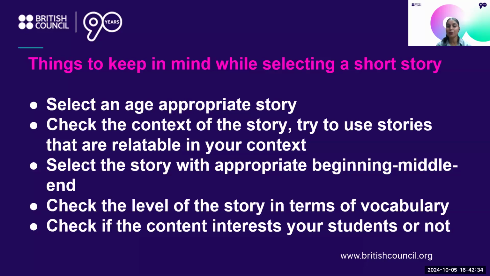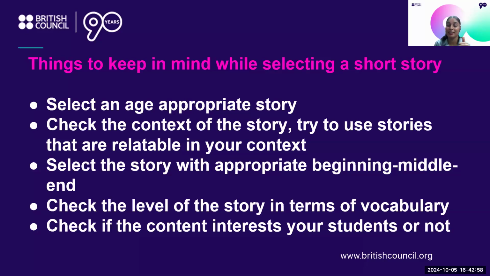Sometimes I plan a story which is age appropriate, which has the best vocabulary for my students, which has beginning, middle, end in a proper sequence, in a proper manner. Everything is really exciting to me. But when I take it to my students, they are really bored and they don't like it. Maybe the theme is really confusing or not something that they might be interested in.